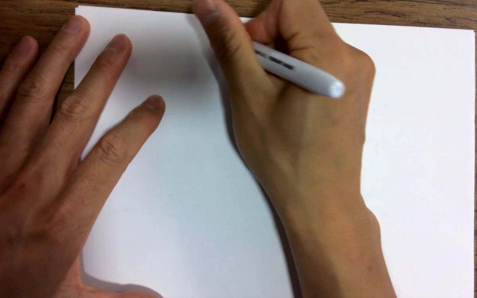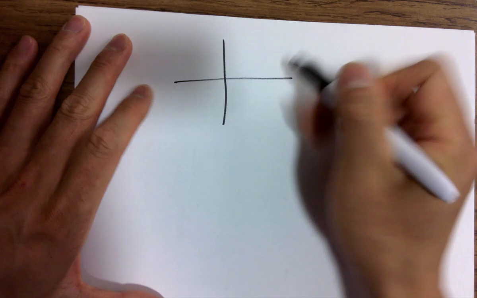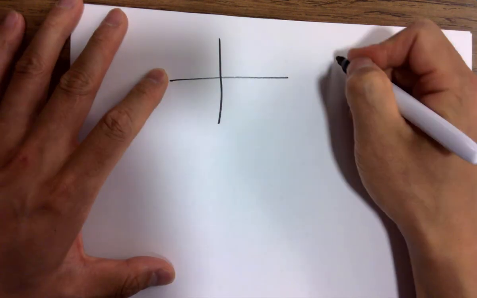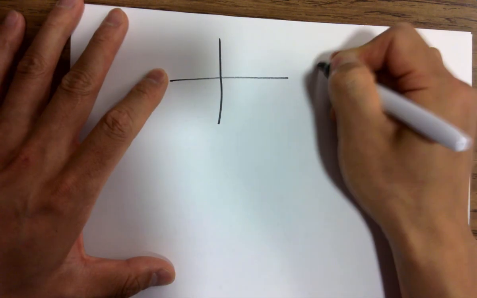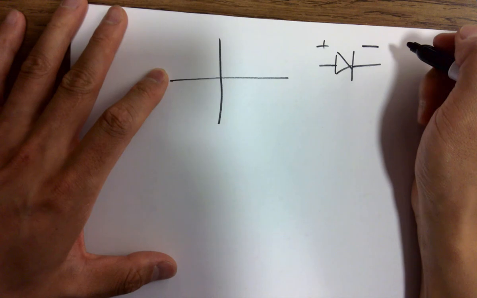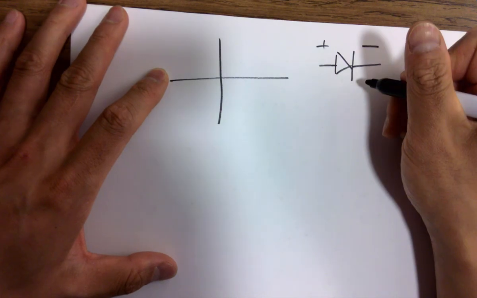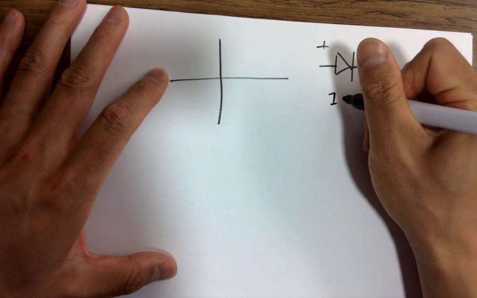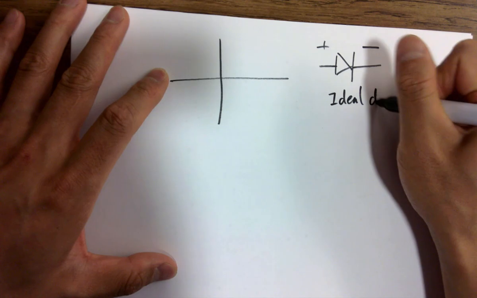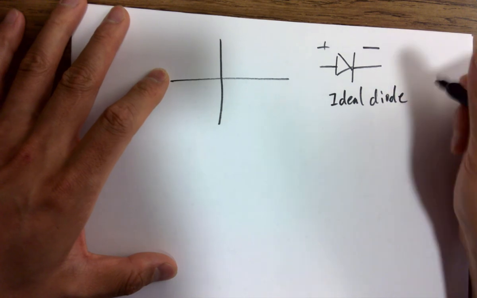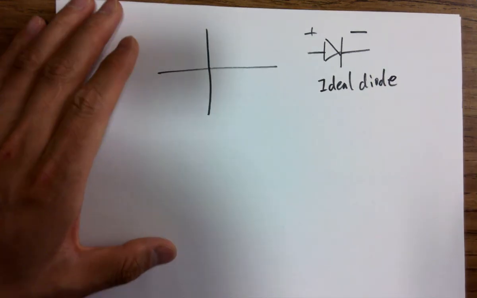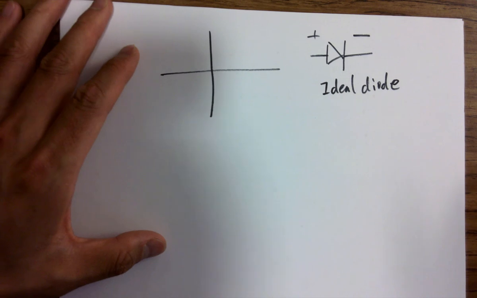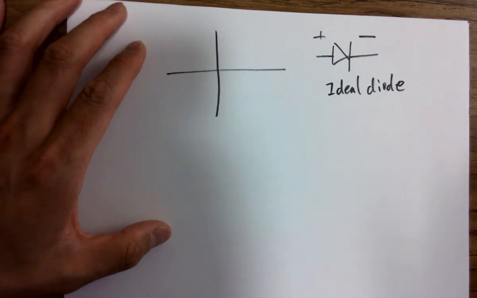But now let's look at the IV curve first. If we have a diode, and I'm telling you that this diode is an ideal diode, just in a perfect world, and there's no built-in potential.